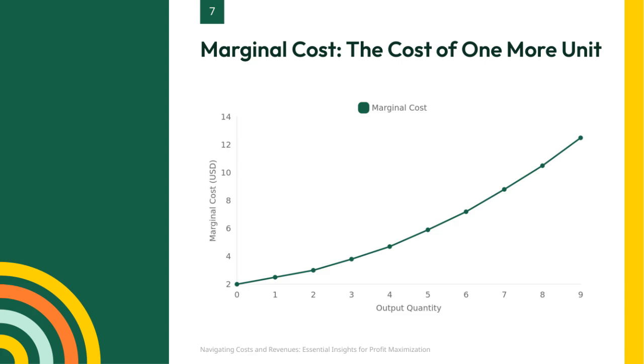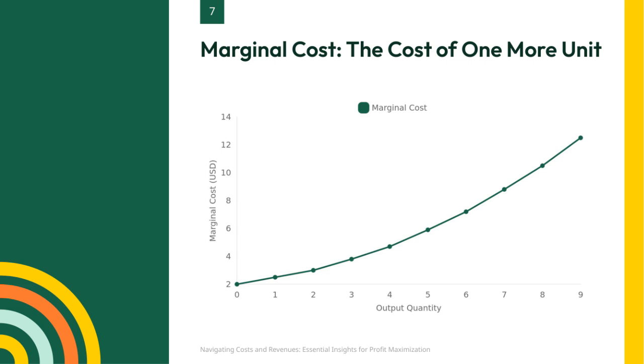Starting at just $2 for the very first unit, the marginal cost gradually increases as we produce more units, moving up to $12.50 by the time we reach 9 units. This upward trend indicates that each additional unit becomes more expensive to produce than the previous one. This is a common scenario in production due to diminishing returns, where resources become less efficient as output expands.